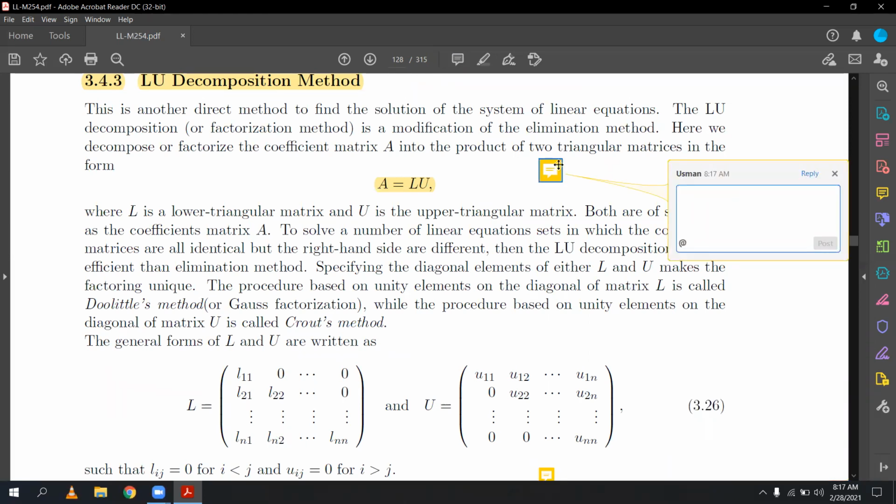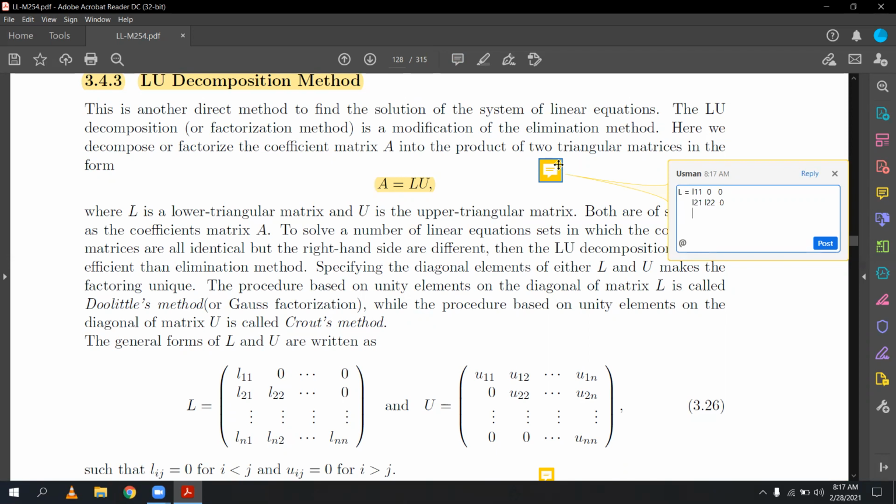For L, what will be your matrix, please? L11, 0, and 0. This is the first row. L21, L22, and 0.